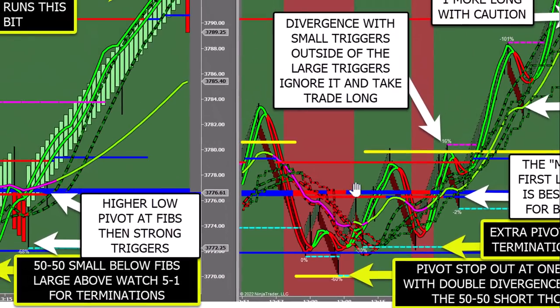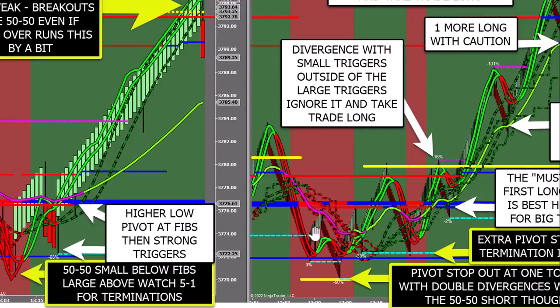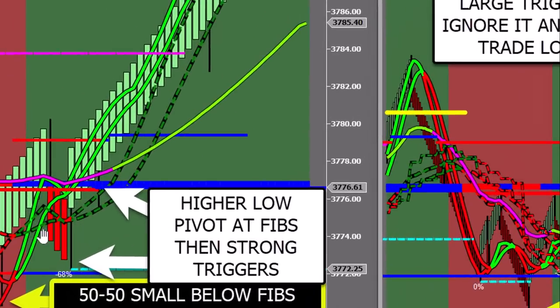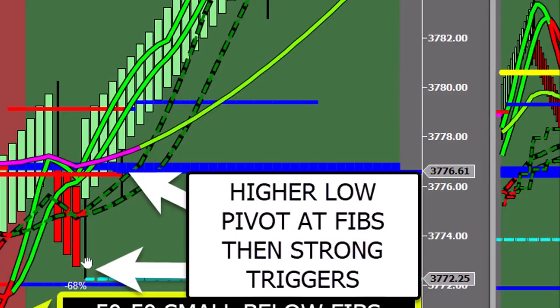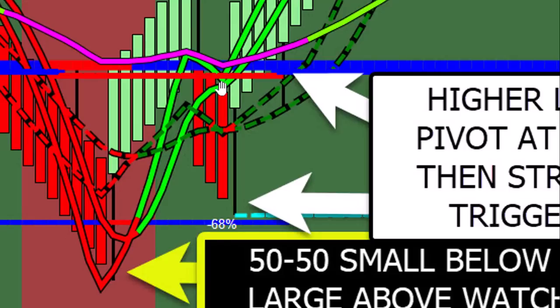Again, I don't want to go too far into this, but as you start analyzing your larger chart, remember what we talked about, small trigger line location relative to the large triggers. When you get divergence from a fib and your small triggers are above your large triggers, you're going to know it's a really good bottom.